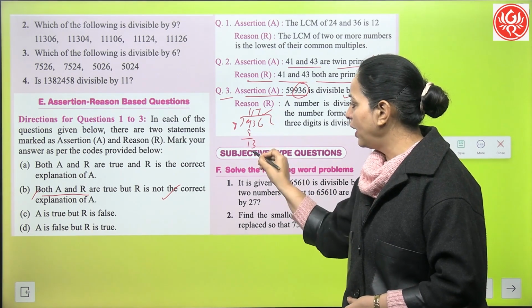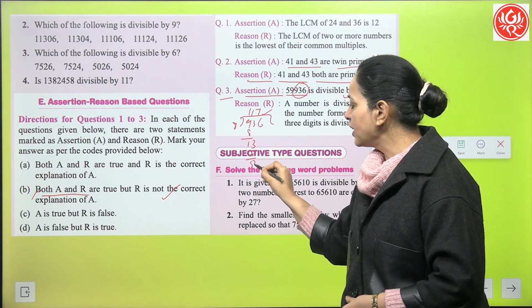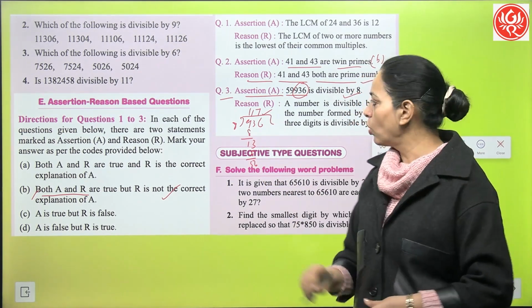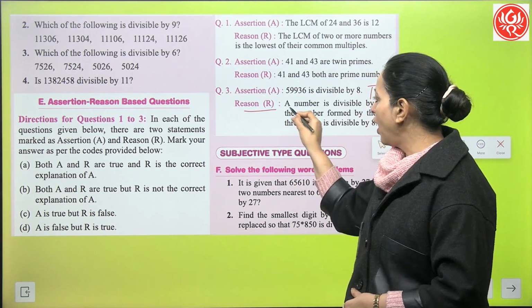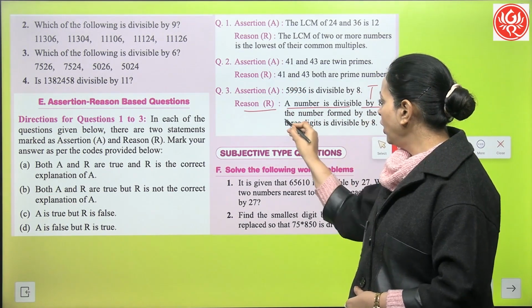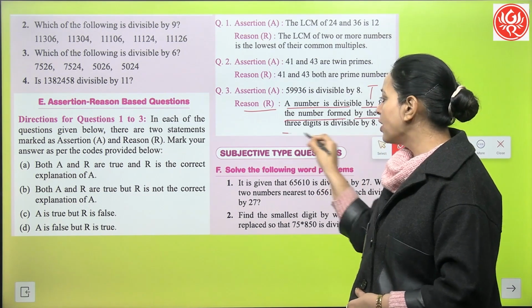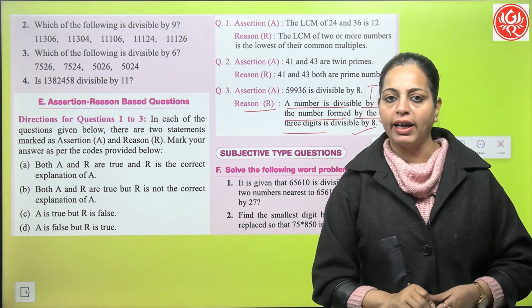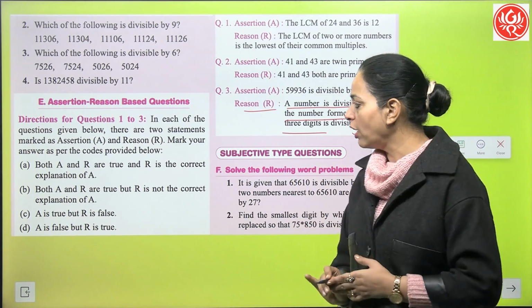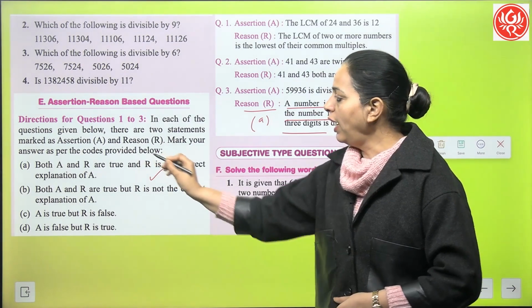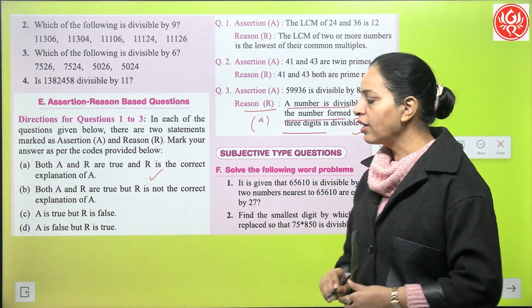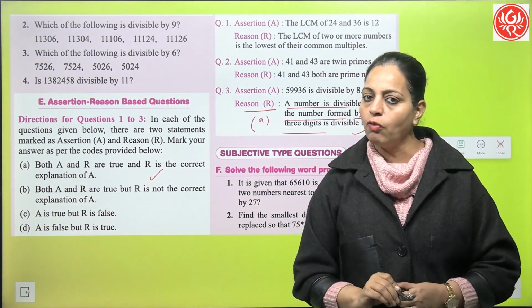Then 8 ones are 8. Then 56. 8 sevens are 56. Okay. So yes, this statement is true. Now reason R. A number is divisible by 8 if the number formed by the last 3 digit is divisible by 8. So this is also correct. So here A option. Both A and R are true and R is the correct explanation of A.